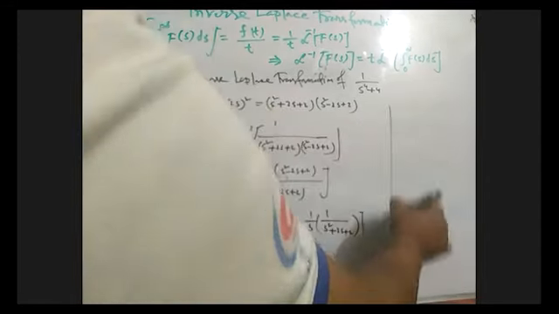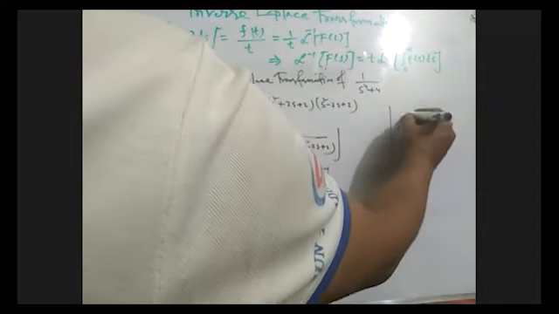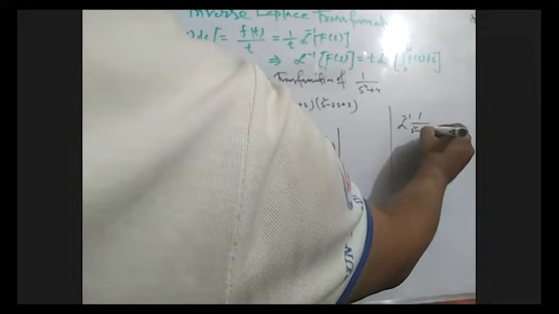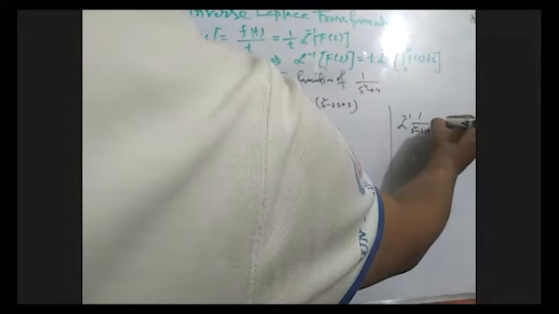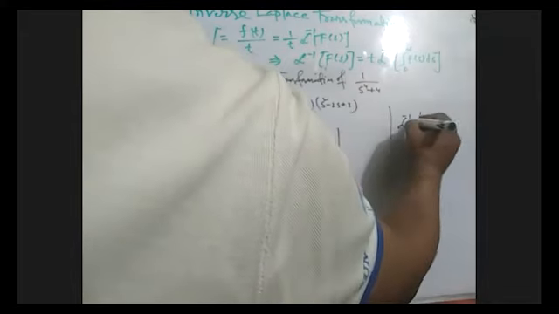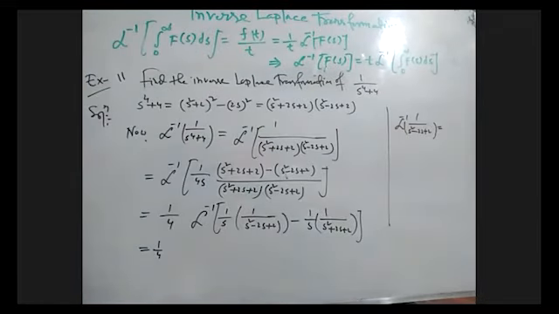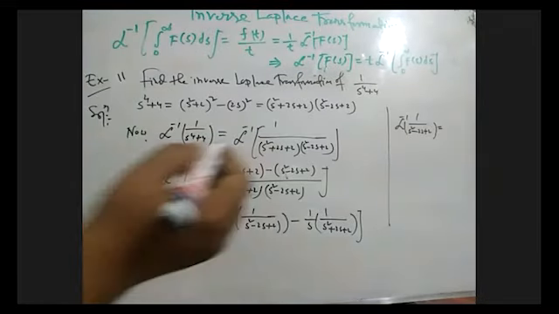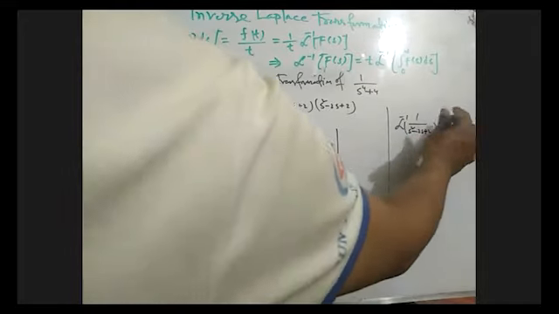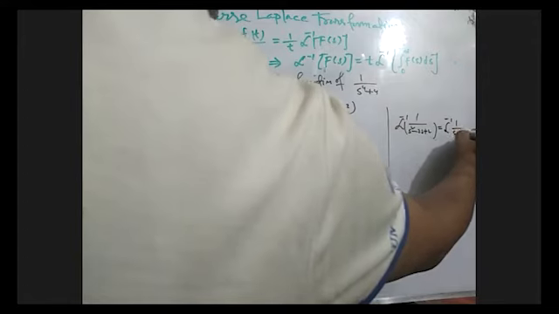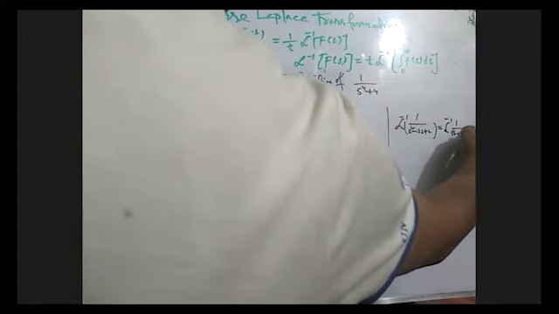Now here, the inverse Laplace transformation of 1 by s square minus twice s plus 2 equals, in our previous example we got, the inverse Laplace transformation of 1 divided by s minus 1 whole square plus 1.